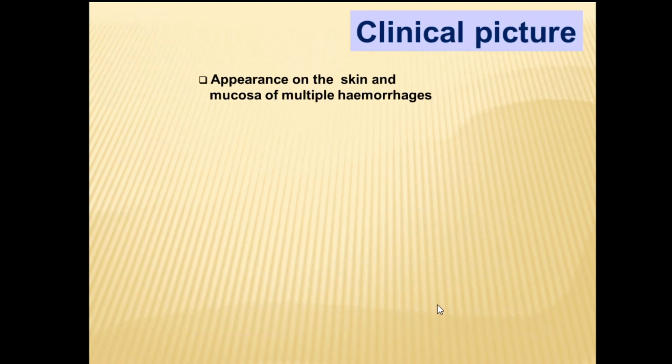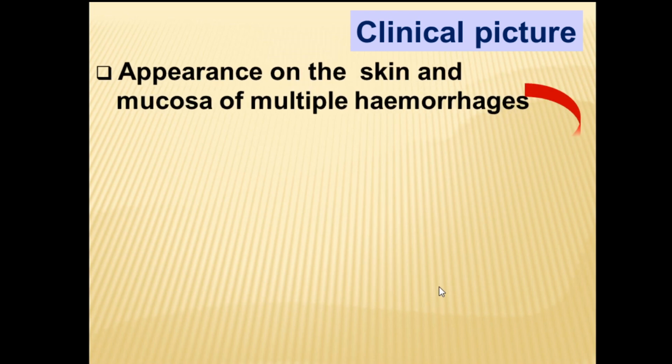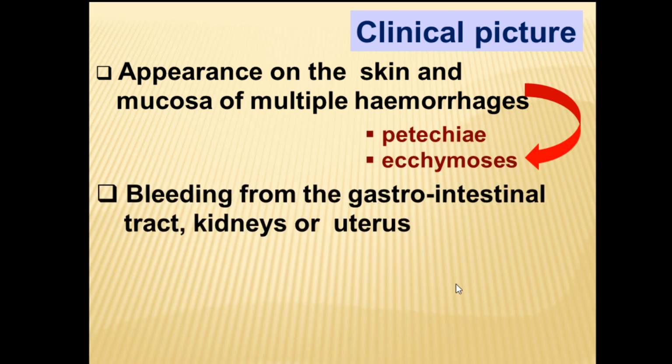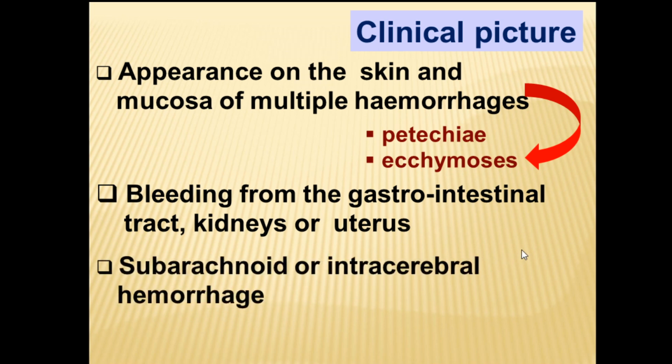Clinical picture is characterized with different hemorrhages on the skin and bleeding from inner organs, first of all from the gastrointestinal tract, kidney and uterus in a woman, without any provoking factor, spontaneous bleeding.